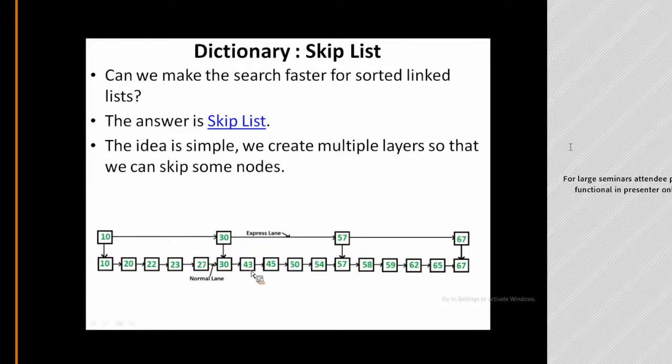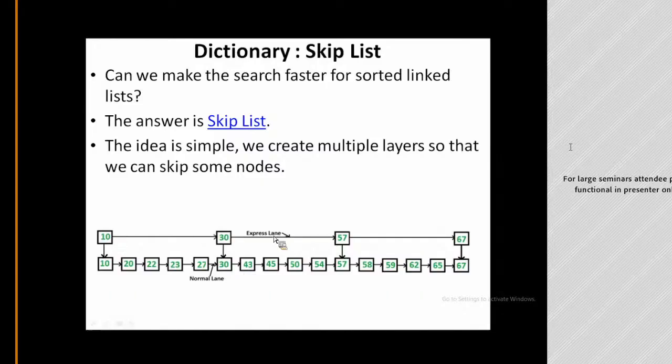Firstly, once you sort the linked list in ascending or descending order, the search operation becomes easy because you are incrementing and testing and reaching 43. But to reach 43, we have done 1, 2, 3, 4, 5, 6, 7 operations. We tested 7 times in the loop and then came to 43.